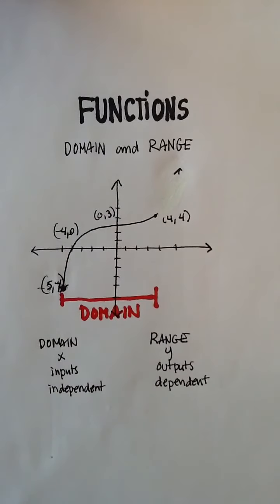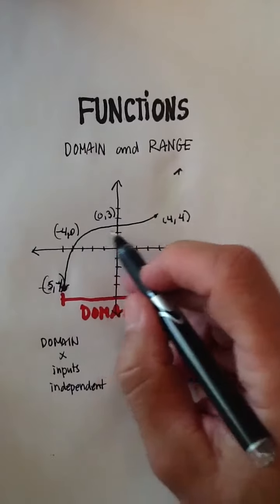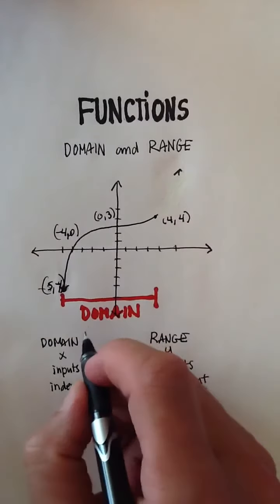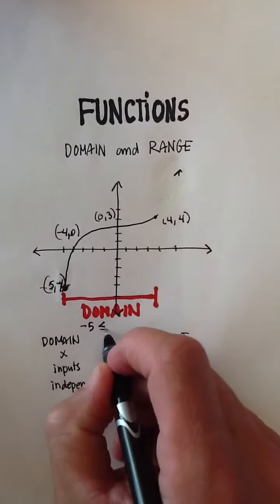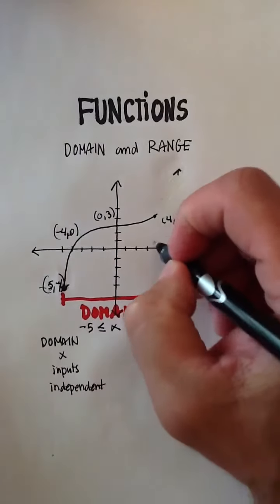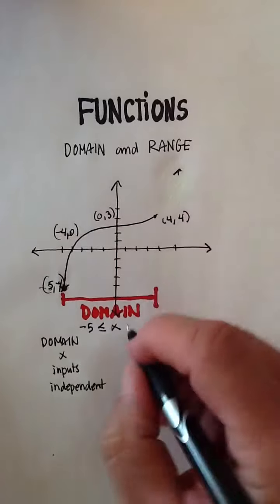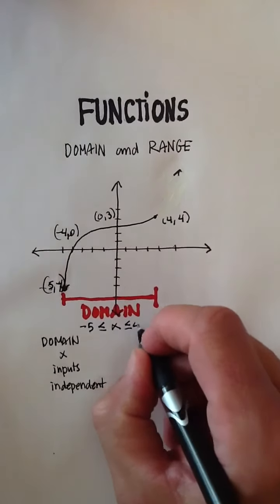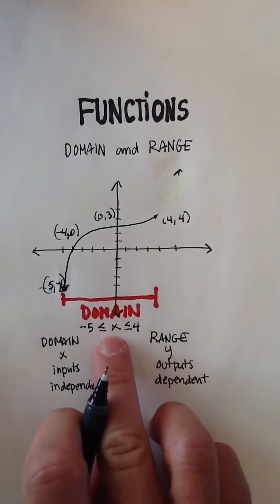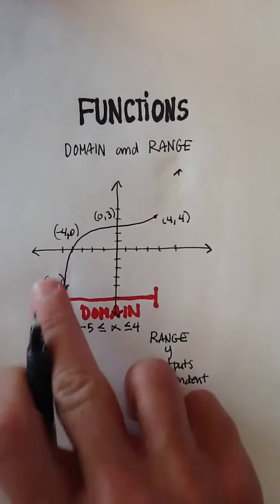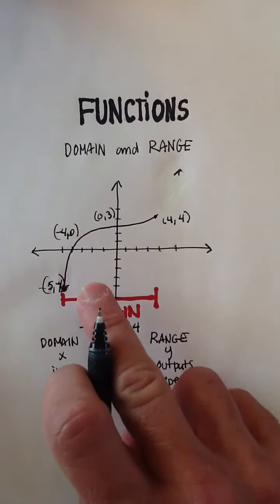And if you were asked to explain what the domain for this particular line segment is, you would say everything from negative 5 is less than or equal to x, going all the way up to less than or equal to 4. So you would write it like that. And that would be the domain of this particular line segment or function.